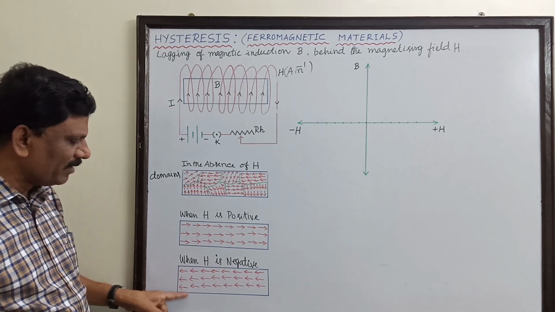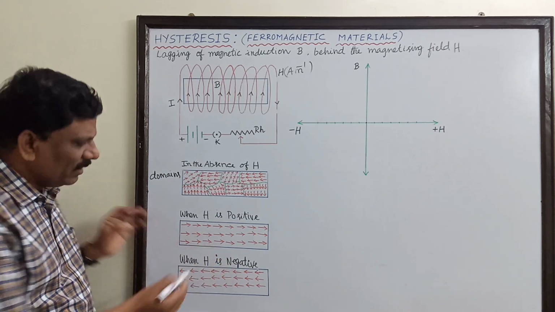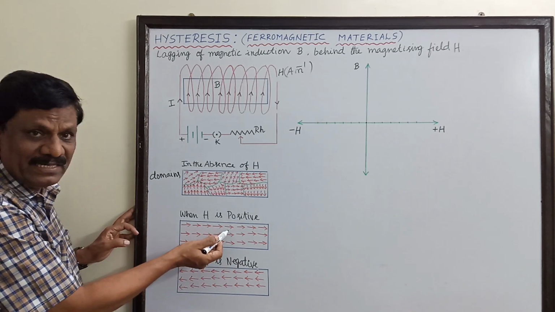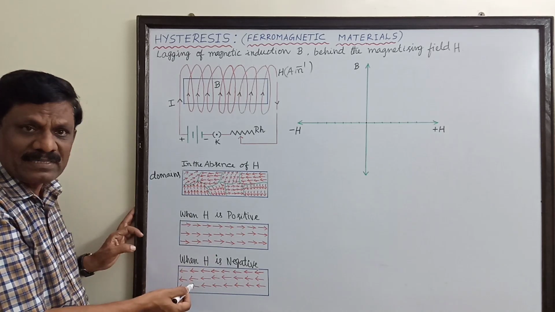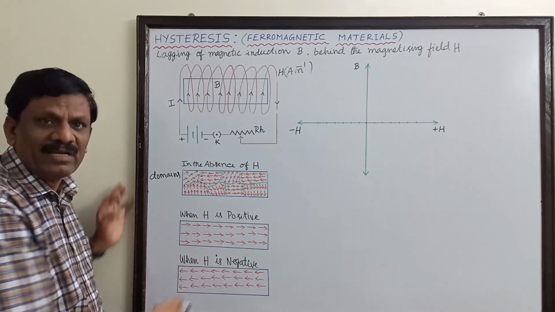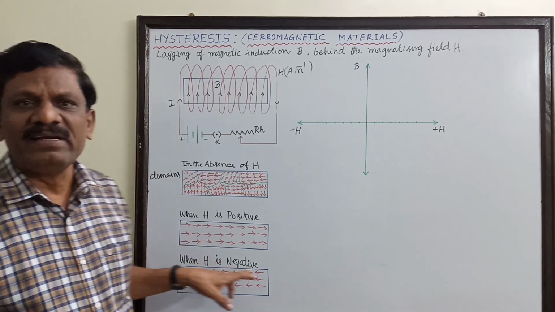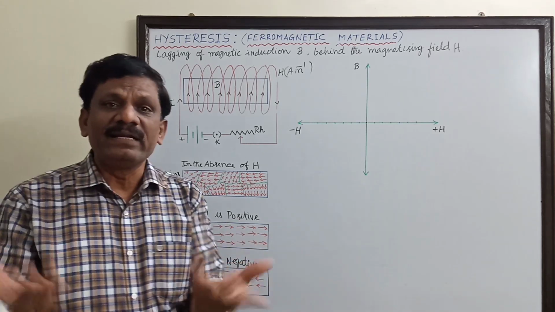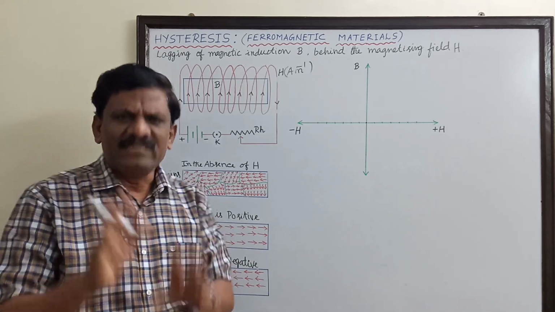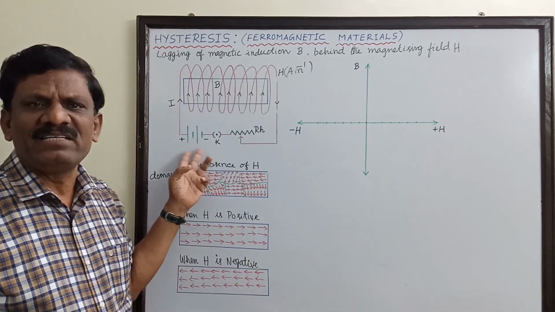So this is the third picture when H is negative. Can you see that there is a 180-degree rotation of the atomic dipoles? All the right side orientation has become left side. Why? Because the external magnetizing field is now negative. How did I attain a negative magnetizing field? Just by reversing the terminals of the battery, that's all.